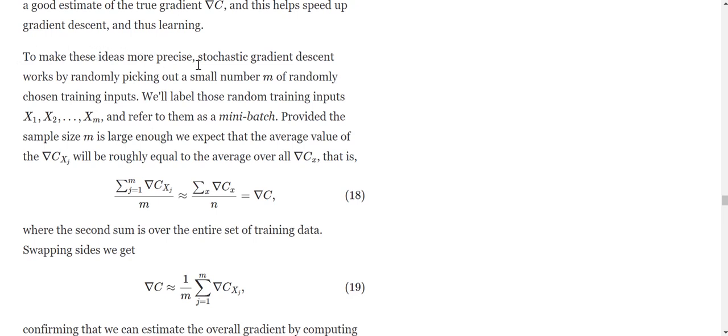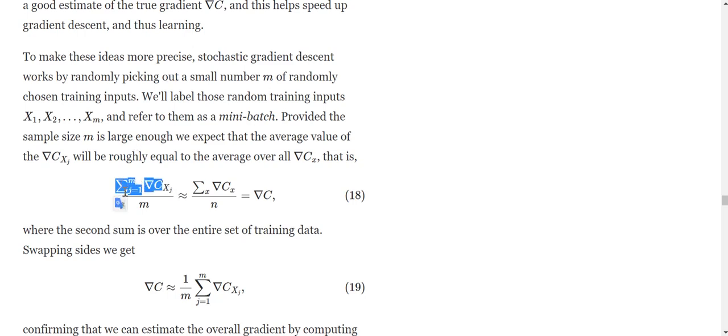To make these ideas more precise, stochastic gradient descent works by randomly picking out a small number m of randomly chosen training inputs, labeling them X1, X2 up to Xm, and referring to them as a mini batch. Provided the sample size m is large enough, we expect that the average value of the gradient of Cxj will be roughly equal to the average over all the gradients of Cx.